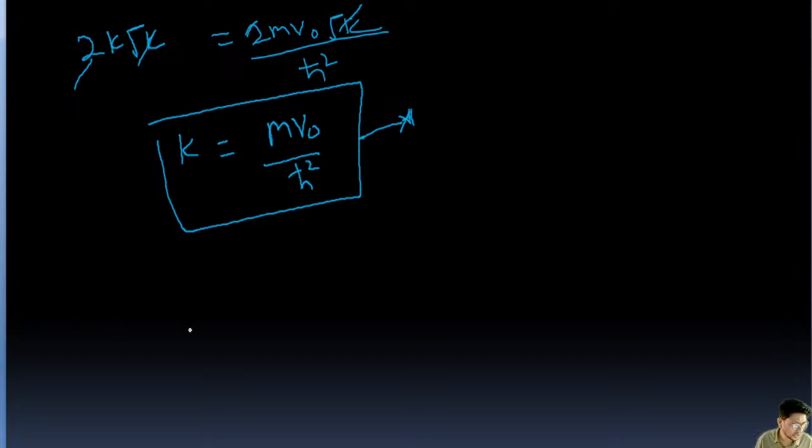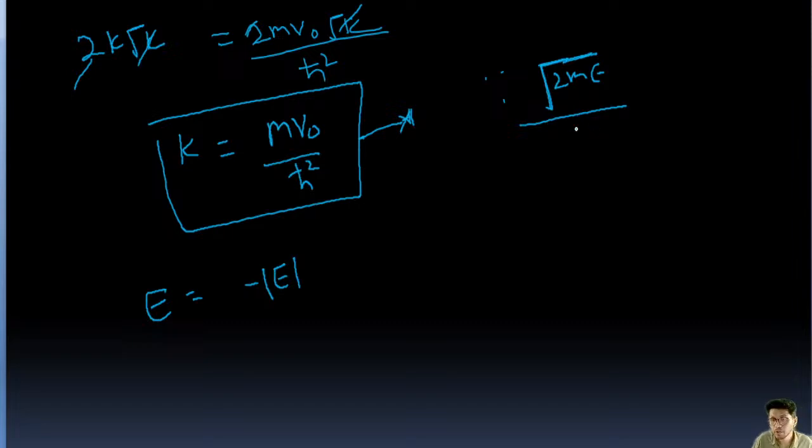So now we can easily find out this value of e is minus mod e, and since we know the value of k is root 2m mod e upon h cut square, then this is equal to m v naught upon h cut square.